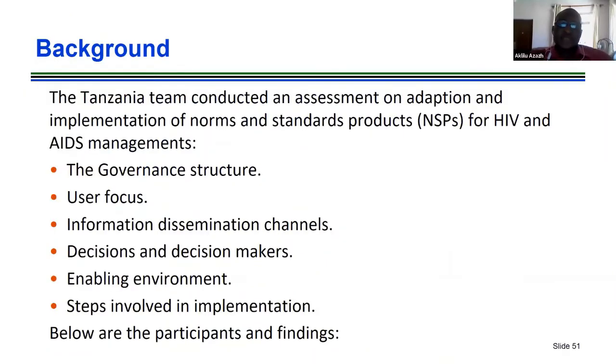So the Tanzania team conducted an assessment on adaptations of the NSCP for management of HIV/AIDS, mainly on the governance structure, user focus, information dissemination channels, decision makers, enabling environment, and steps involved in implementation.